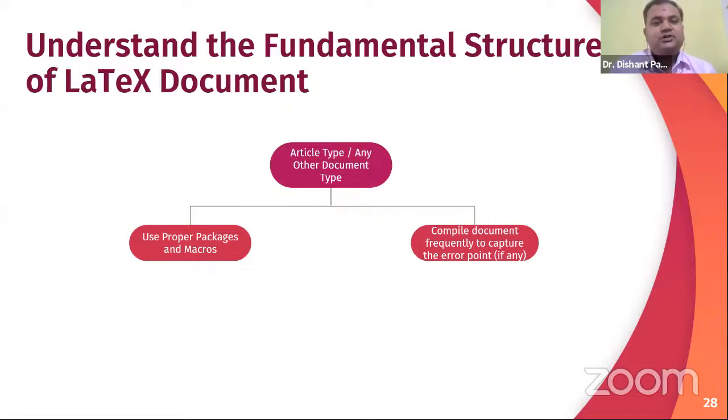Otherwise, you need to go with some different route. So in simple language, you can say that these packages are nothing but gate passes, gate passes to enter into that particular environment, that campus. The second thing is you need to compile your document frequently to capture the error point.